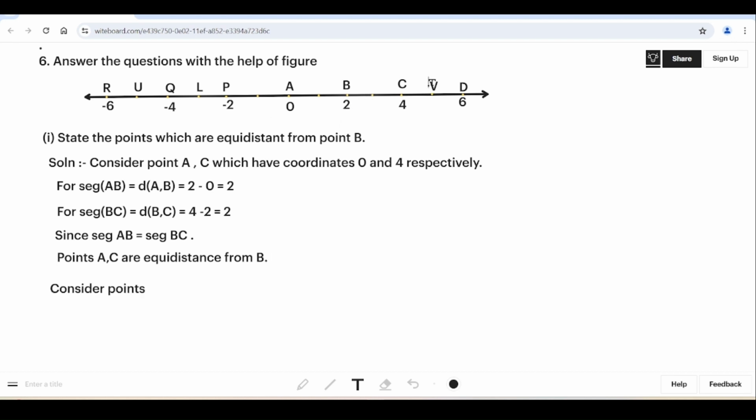Now the next point we'll consider is D because it has coordinate 6, and the other point is P which has coordinate -2.